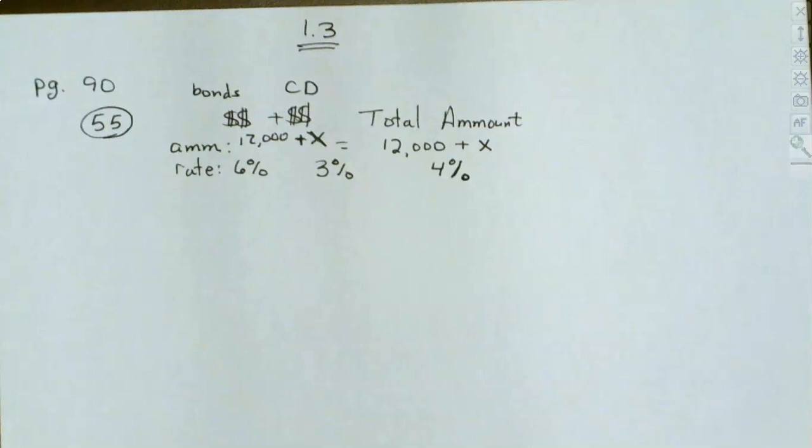So let's talk about what we've got. I go into my investment broker and I say, okay, I'm going to put $12,000 in bonds. And I don't want to put all the money in bonds because bonds can be a little risky. Maybe I'll lose a little bit of money. So I don't want to put all my money in the bonds. So I take $12,000 and I put it in some bonds.